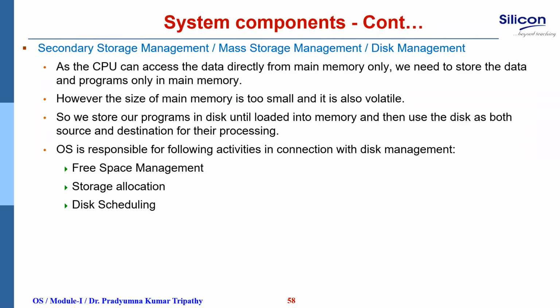There are various files that I am accessing, different locations. What is the scheduling criteria in which I must access so that the disk will take less time for accessing?